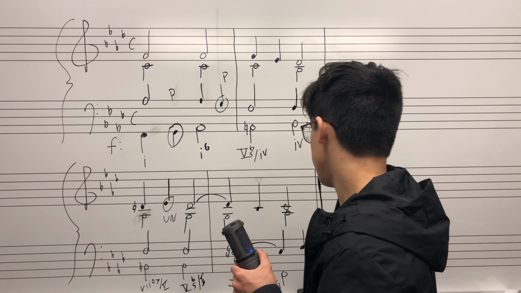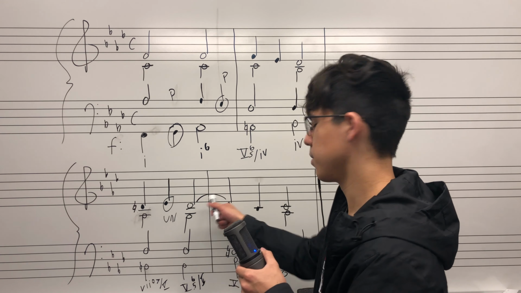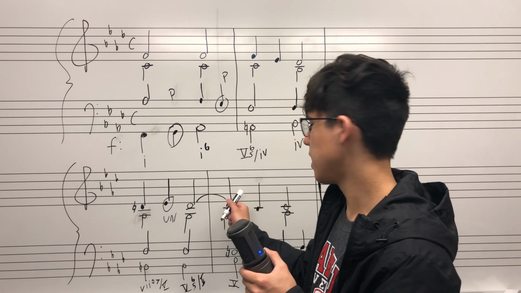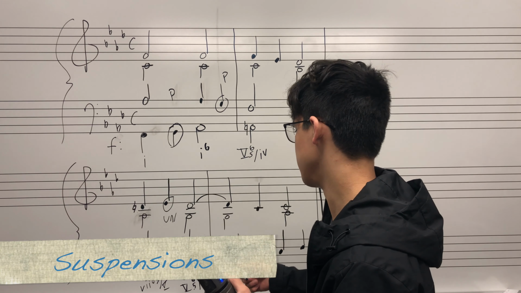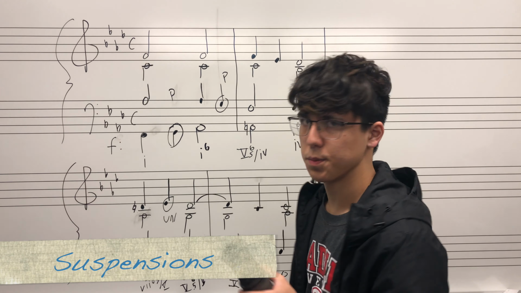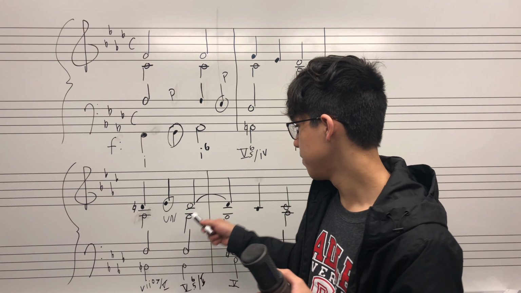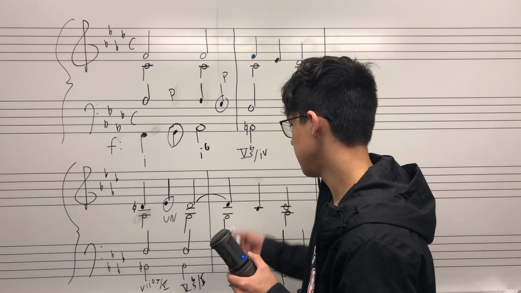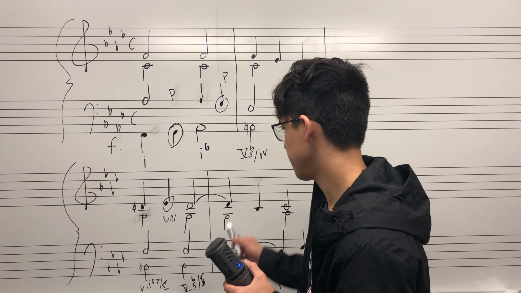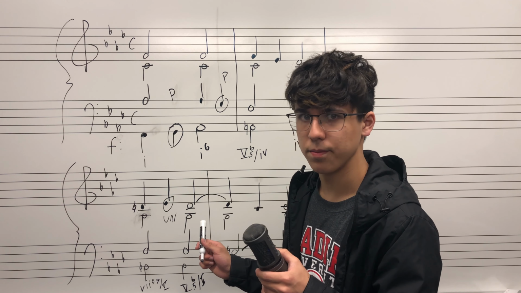Okay, so we're almost to the end here. Looks like we have something fancy here. So if you ever see a tie over to the next bar, it's probably a suspension, which it is. So to figure out if it's a suspension, we need a preparation, which is over here, and a suspension, which is dissonant on our strong beat and resolves down on our weak beat.